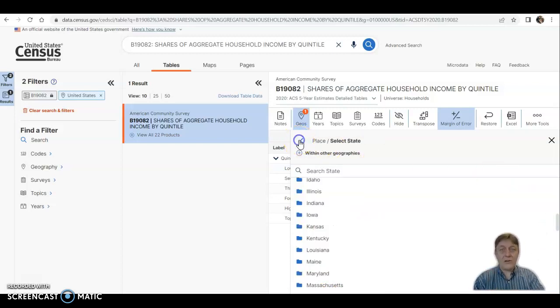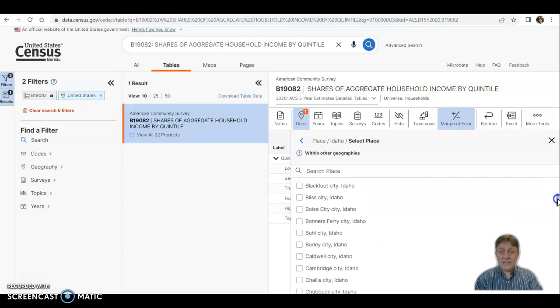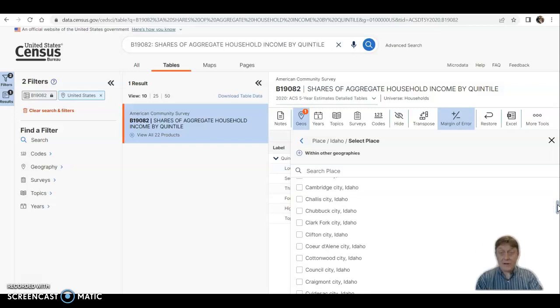But, you know, we could look at a different place altogether. So one place we might look would be in Idaho. And you'll notice the places here are organized according to alphabetical order.